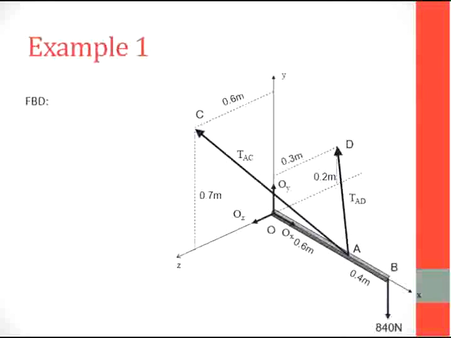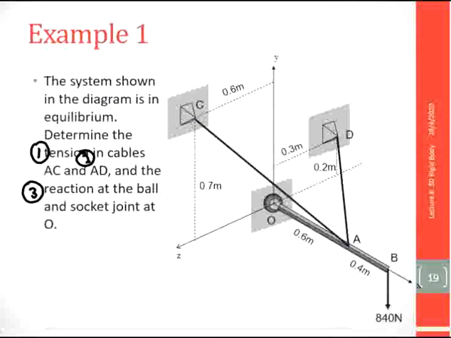So for this free body diagram, we have a beam here and then there is a force down of 840 newtons, and there are cables.